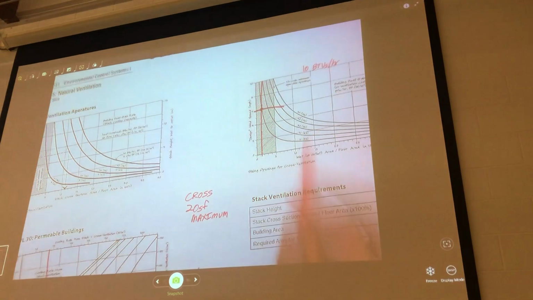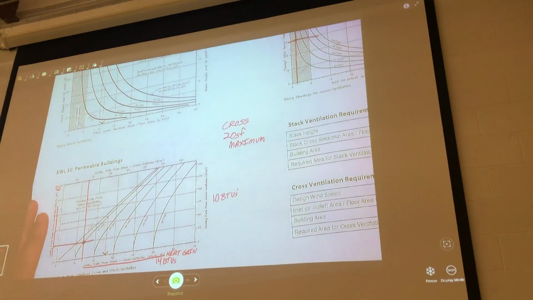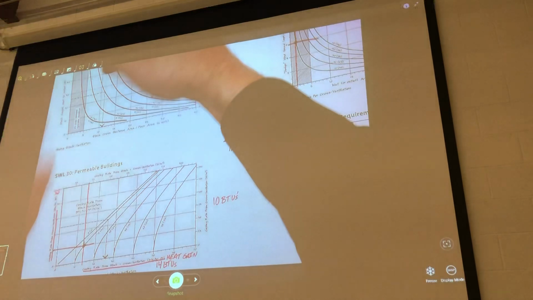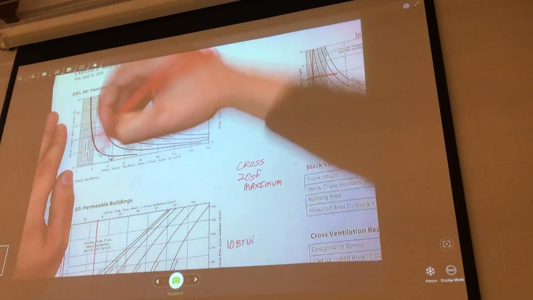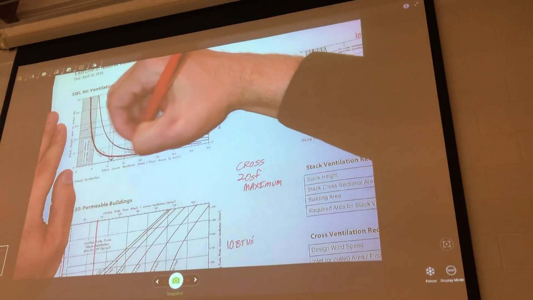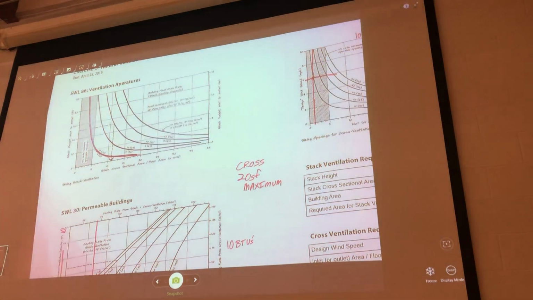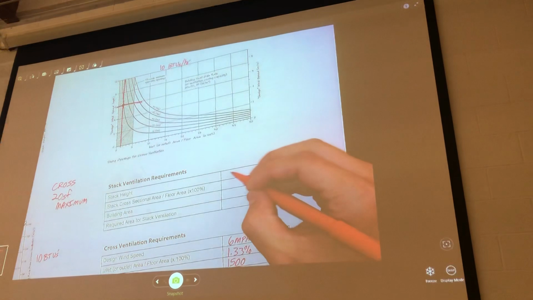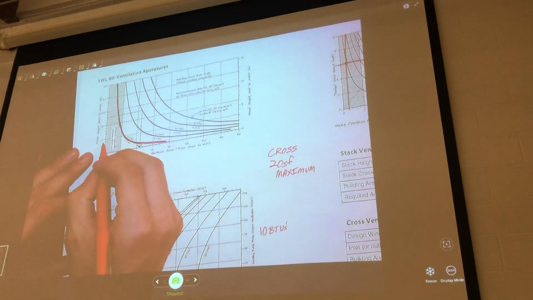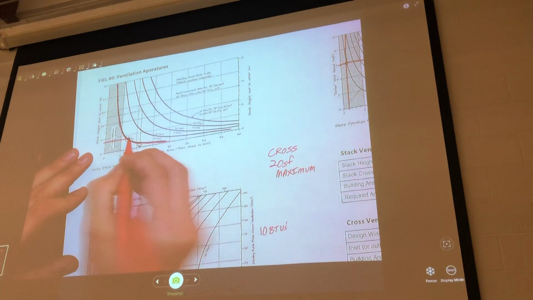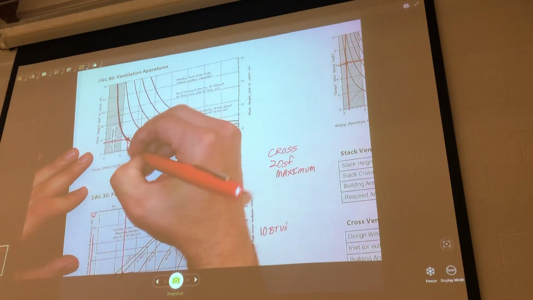So in this case, we're going to design for 10 BTUs for our stack ventilation. We can go ahead and highlight that here. 10 BTUs per stack. We still have our 8-foot height. 8 feet, we come all the way across. Where we intersect, come down.